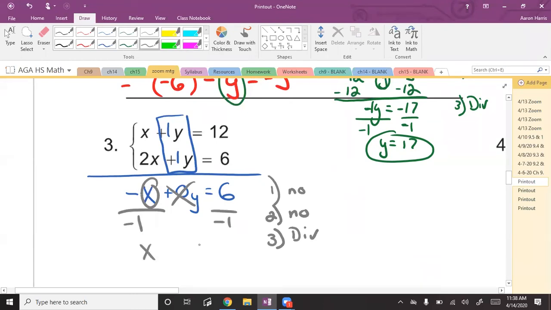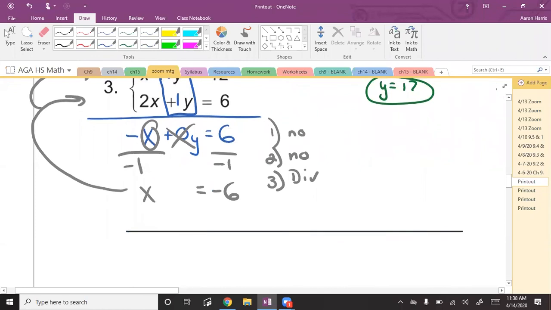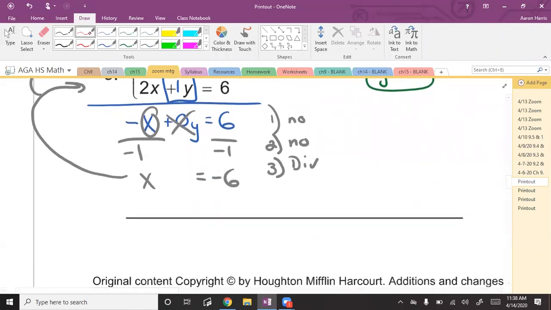So x equals -6. Now that I know that x is equal to -6, what can I do? I can substitute it into either one of those equations. Doesn't matter. So let's do the bottom one. So let's do 2x plus y equals 6. So instead of an x, I put in a -6.